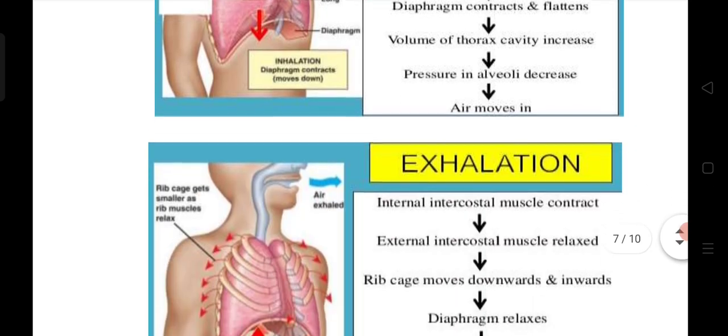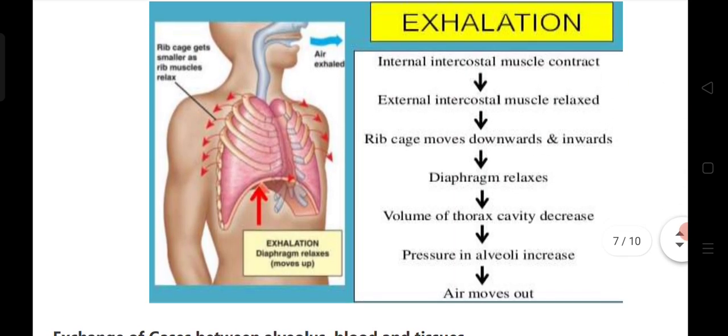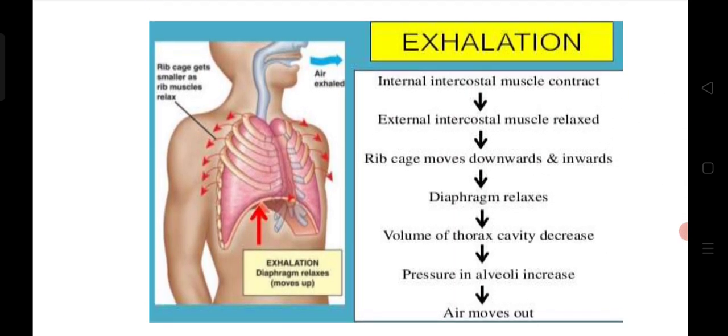Now we are going to see the second, that is exhalation, right? Exhalation is the release of carbon dioxide from your body to the outside. Here the internal intercostal muscles, which were relaxed during inhalation, get contracted.